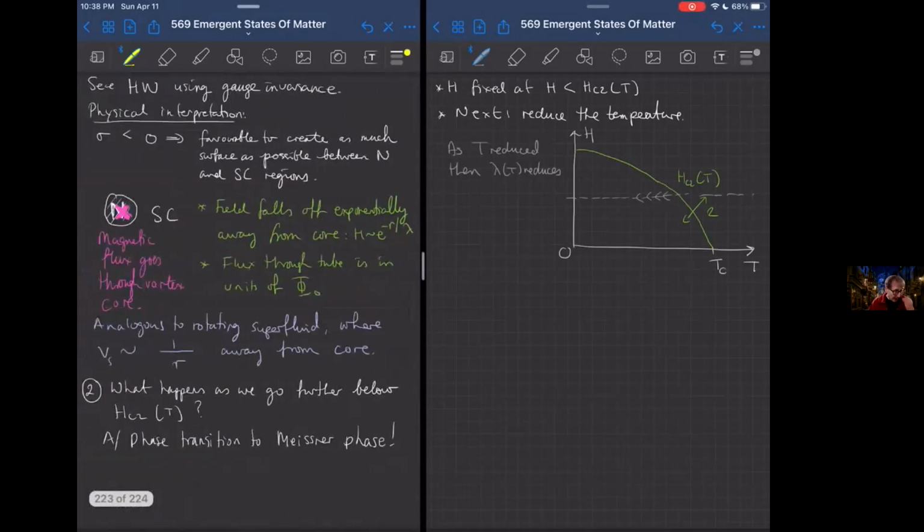What that means is the lambda of T reduces.